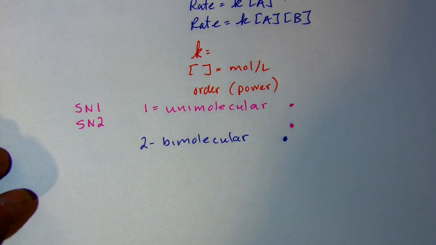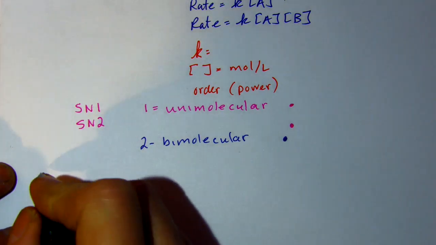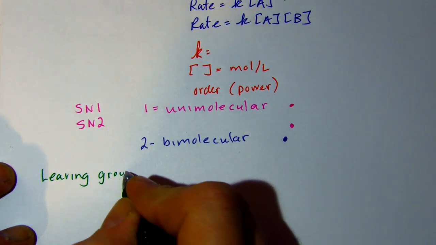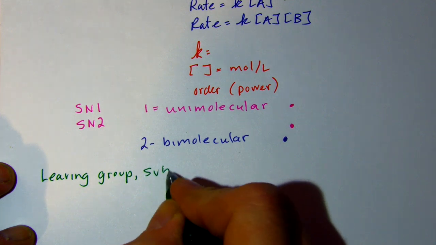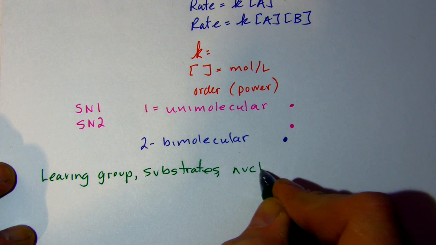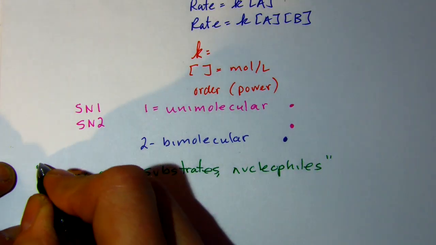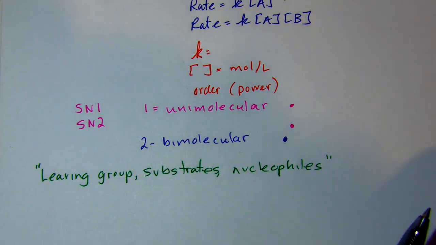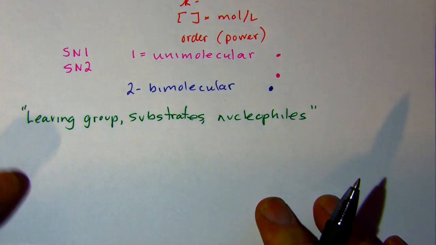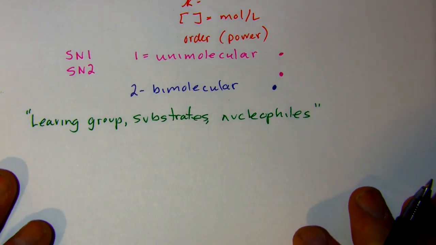Okay, now let's go back to this idea of a leaving group, substrates, and nucleophiles, just to give you a general idea of what's going on with these types of chemical reactions. Okay, pardon me. So what's going on with a leaving group, a substrate, and a nucleophile?